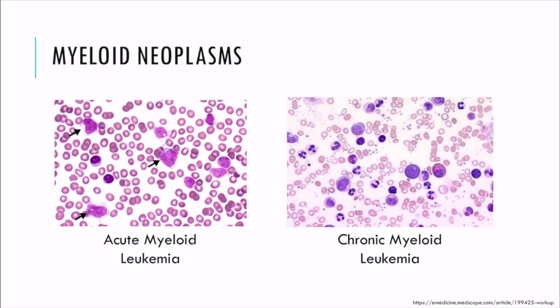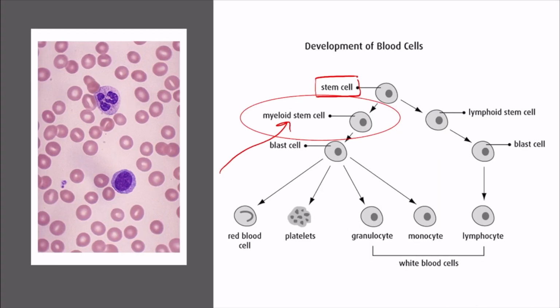So because they're baby cells and their differentiation was halted, they don't grow up to have the full function of what that adult cell would have had. So myeloid leukemias are noted by the circulation of immature myeloid blasts. And blast cells, if I just go back a slide, blast cells are kind of the first step in the differentiation process.